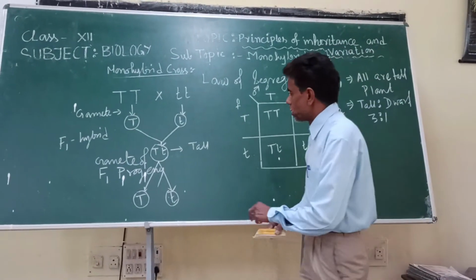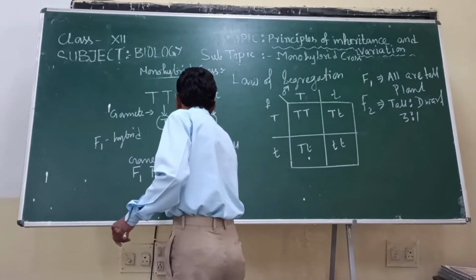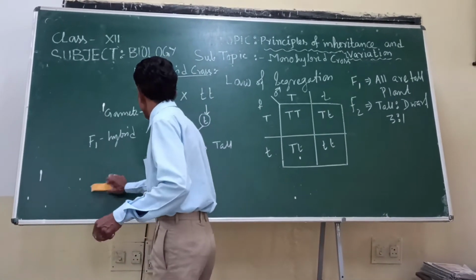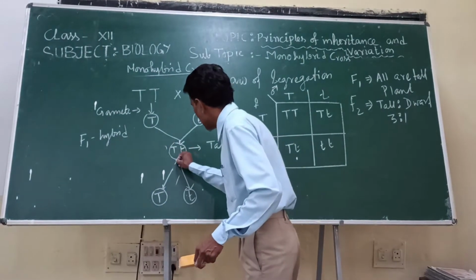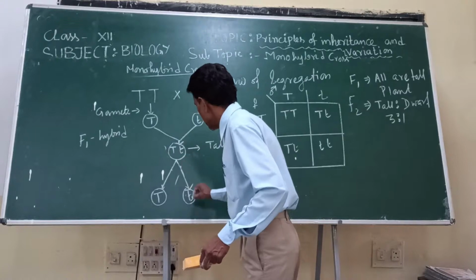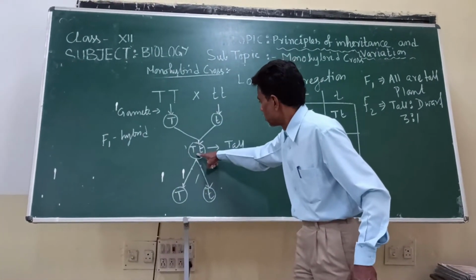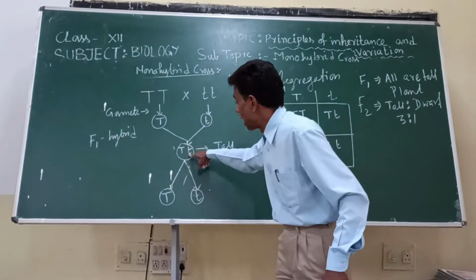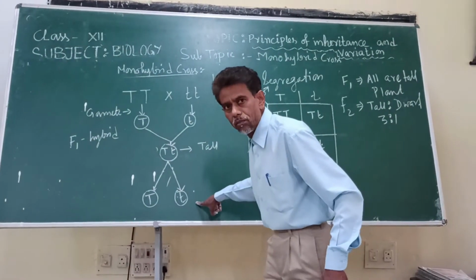It is because this F1 hybrid, which was tall apparently, that is phenotypically, during the formation of gametes, the two different alleles separate from each other.